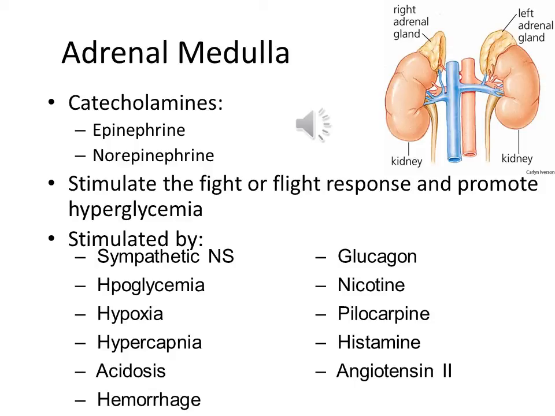The adrenal medulla functions as part of the autonomic nervous system. When epinephrine is released, it decreases the blood flow to tissues that are not needed in an emergency situation. Also increases our metabolic rate, and, like I said, increases our blood sugar overall.